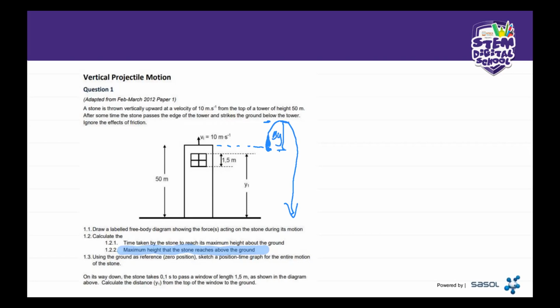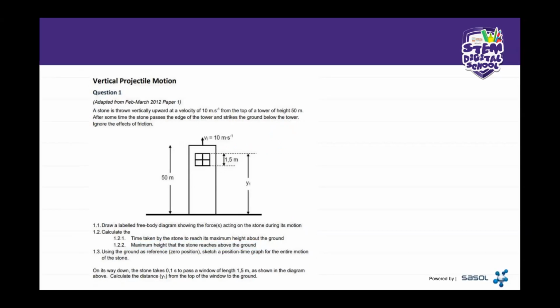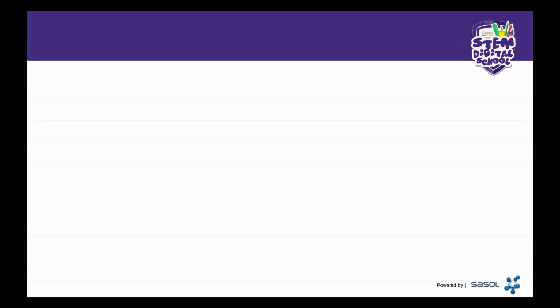So let's try. Now we can draw, once again, our little diagram that reminds us what it is that we're doing. Remember, we're going like this and then we're going down. It's always good to use this when you're working with your maximum heights. First we had our change in time.